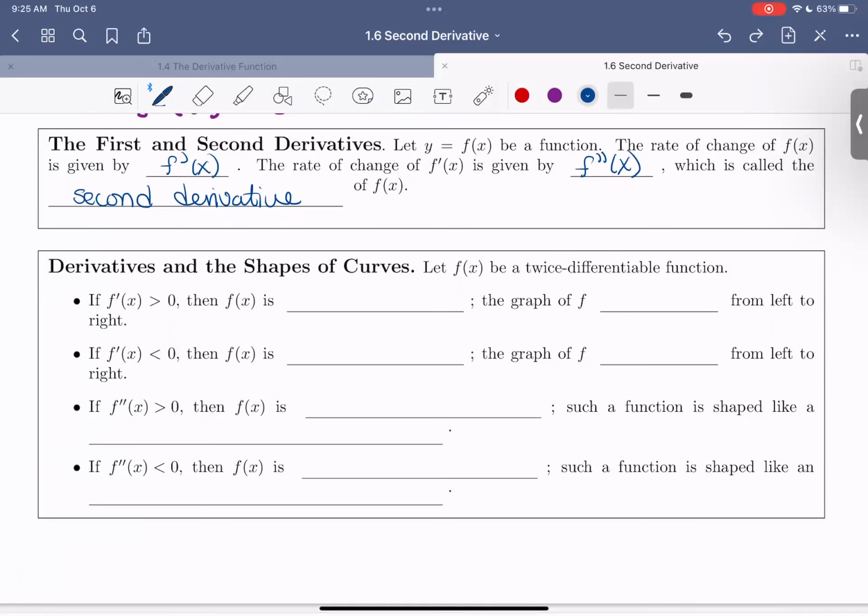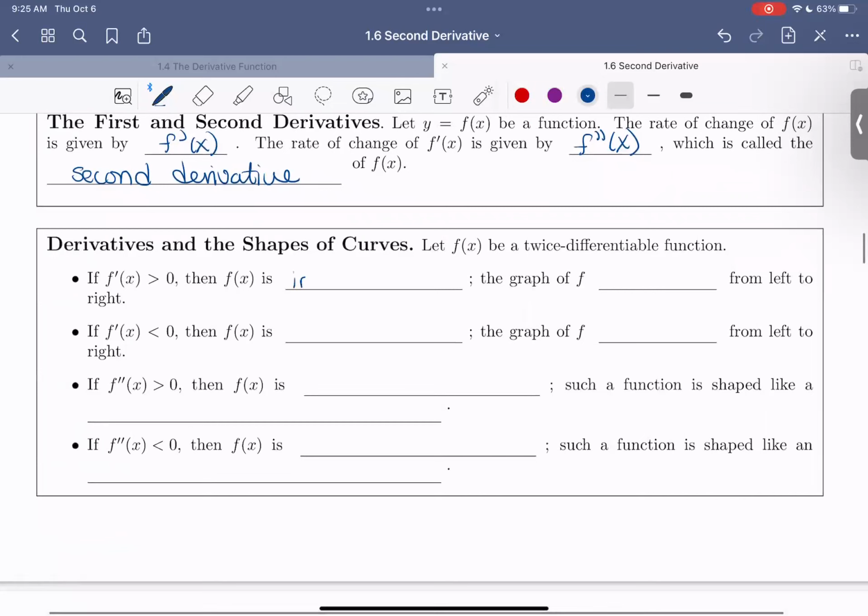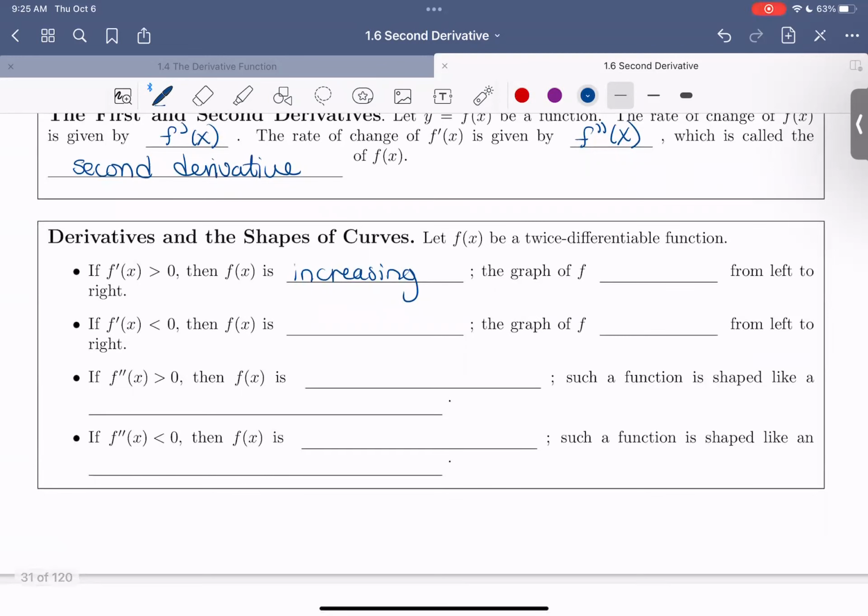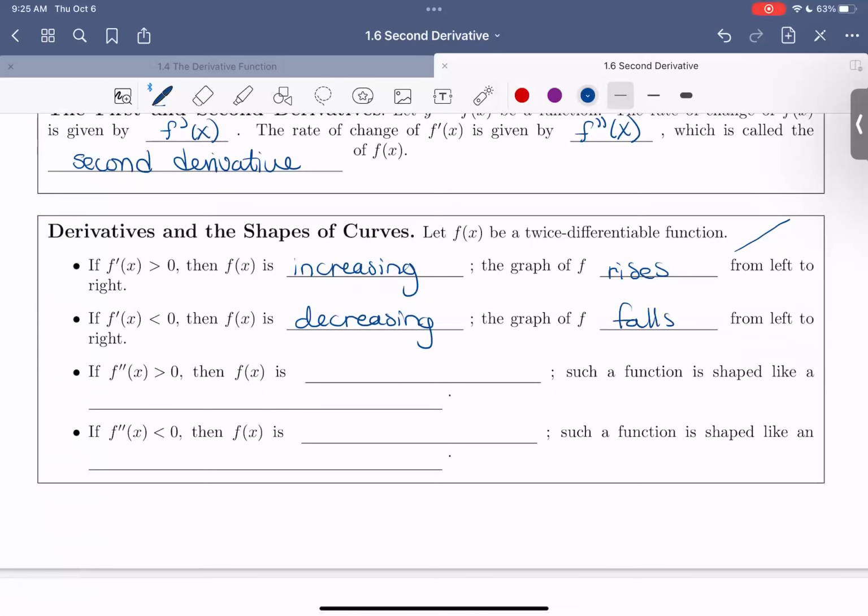If f prime of x is bigger than 0, or positive, then f of x is increasing, and the graph of f rises from left to right, like this. Similarly, if f prime of x is less than 0, then f of x is decreasing, and the graph of f falls from left to right.